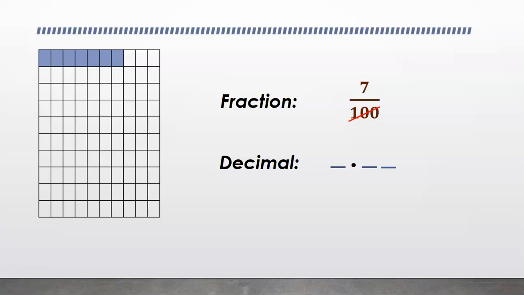Where's the last place from the right? I'll put 7 here. Okay. Then I have no digits again. Then I'll put 0 as a holding place and 0 in the whole place. So that's 7 hundredths. 7 hundredths. All good, everyone? Okay.